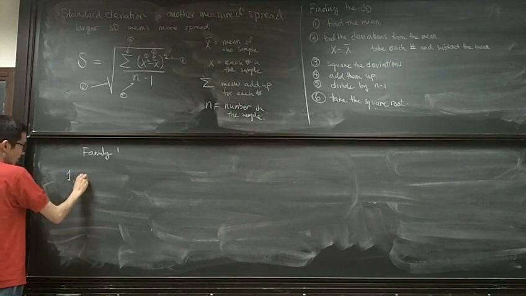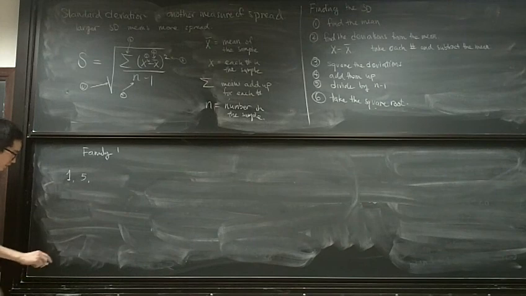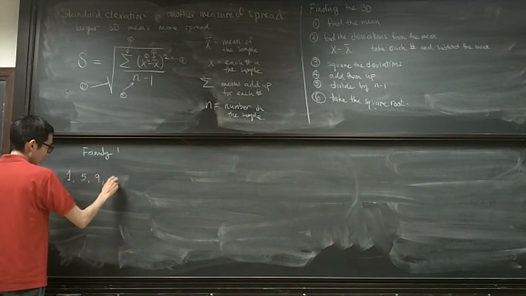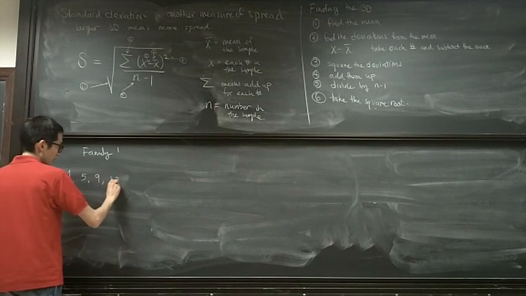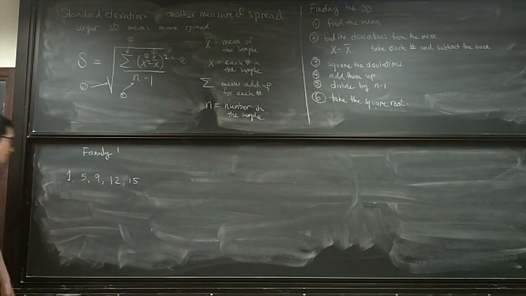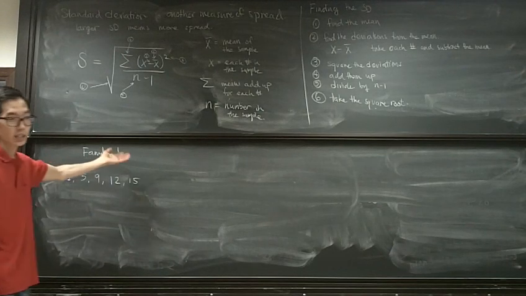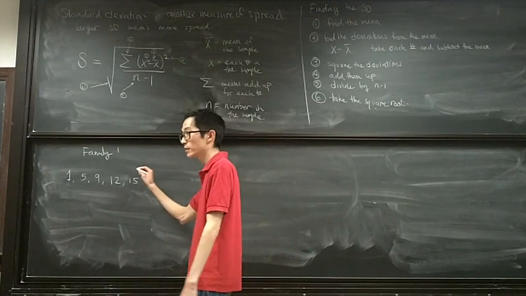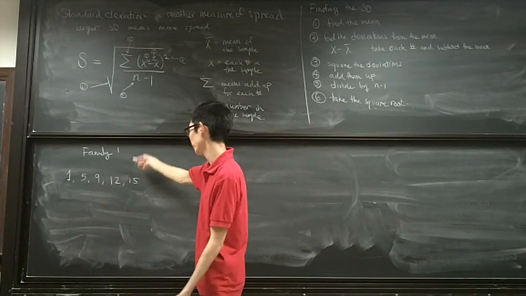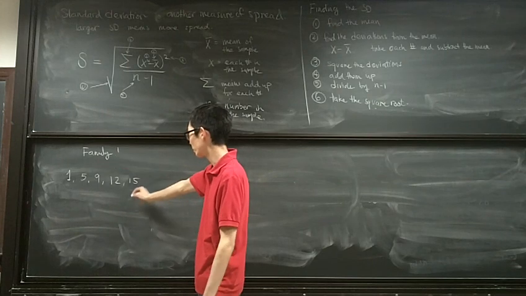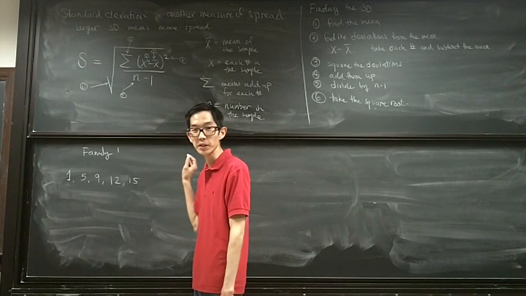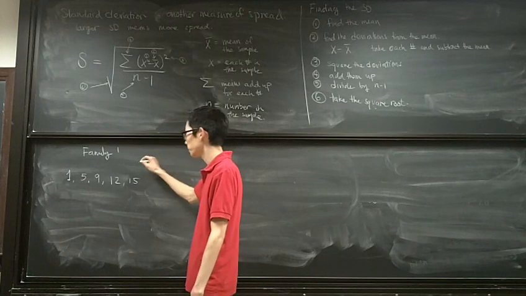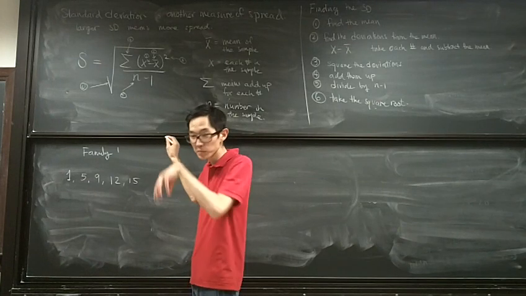I don't remember. 1, 5, 9, 12, 15. Let's say these were the ages. Let's find the standard deviation of the ages in family 1. Maybe it's a new family, maybe it's the same family, it doesn't matter. These are the ages of the 5 kids right now. We're going to find the standard deviation of the ages in this family.